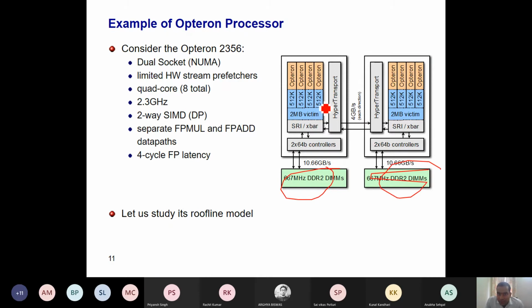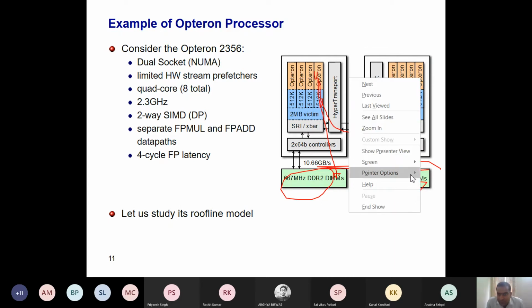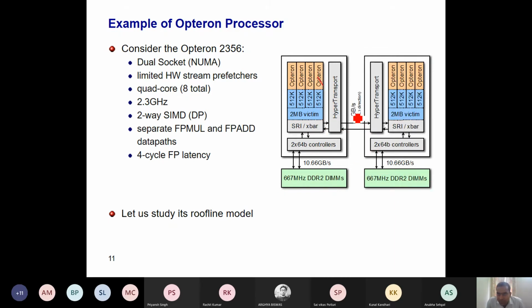Now, if one of the cores needs memory from its own node, that's called a balanced design. But if this core needs a data element which it has to get from the other node, that is called an unbalanced NUMA access.